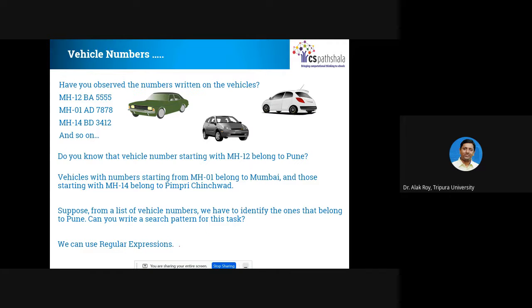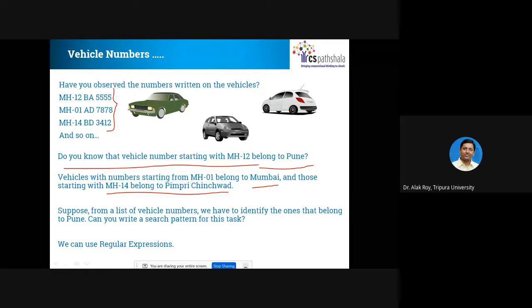In case of vehicle numbers, if you observe, three examples are shown here. Do you know that a vehicle number starting with MH12 belongs to Pune? Maybe vehicle number TR belongs to Tripura, or AR belongs to Arunachal. Vehicle numbers starting from MH01 belong to Mumbai and starting MS14 belong to other areas.